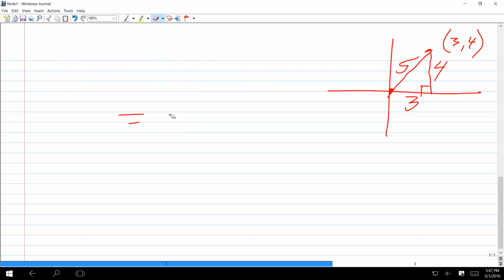Let's do one more before we go on to the ones at the bottom. Let's do number 23. The distance between -5, -8 and 1, 6.